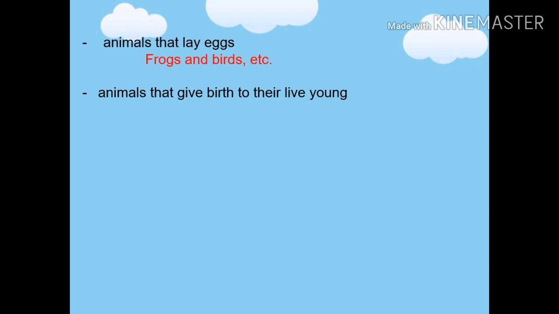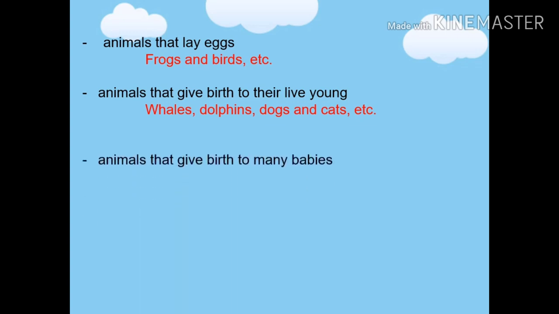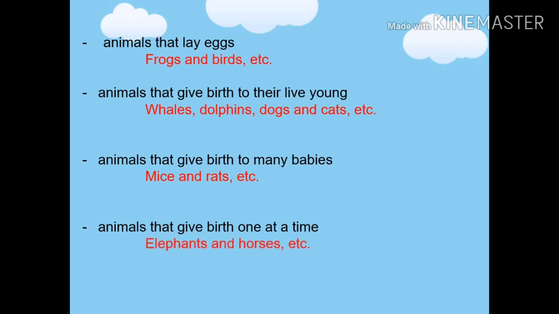Examples are whales, dolphins, dogs, and cats, etc. Number 3, we have animals that give birth to many babies. Yes, we have mice and rats and other animals. We also have animals that give birth one at a time. For example, we have here, yes, elephants and horses.